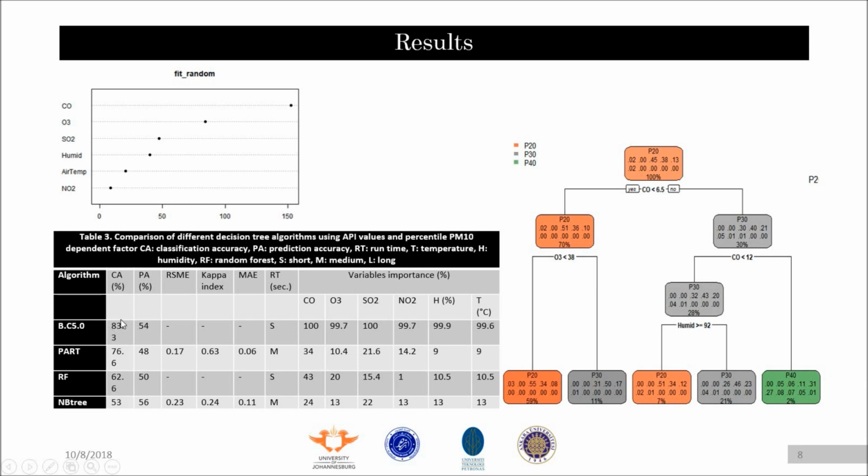If we increase the training data, we can get a better prediction rate. As well, as you can see, the naive Bayes tree shows the lowest value for the classification and the prediction, while the rest of the root mean square error and kappa index are within the acceptable range.